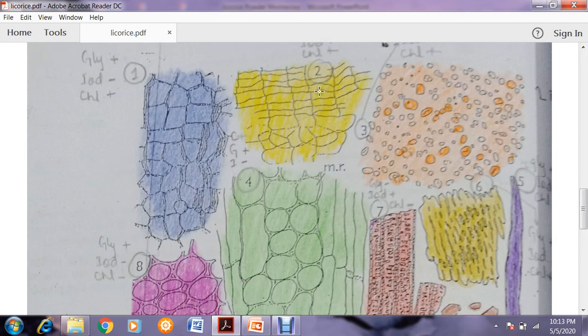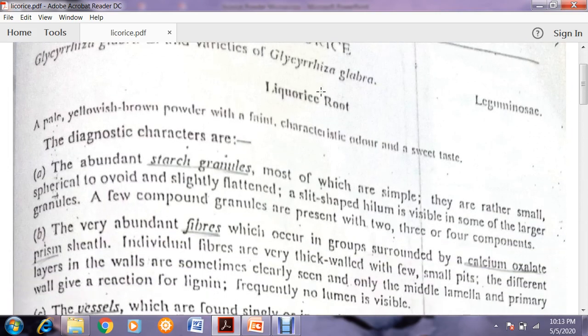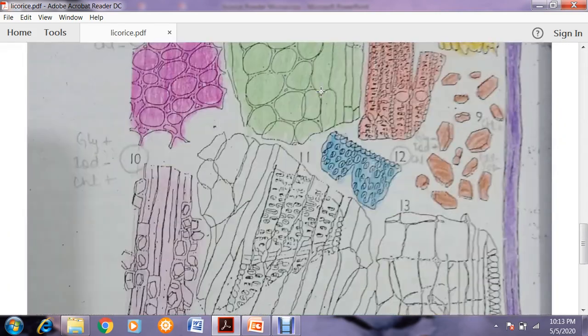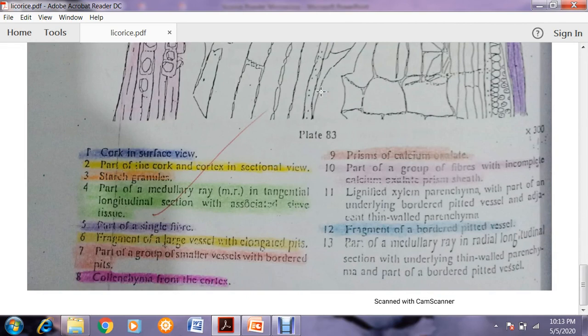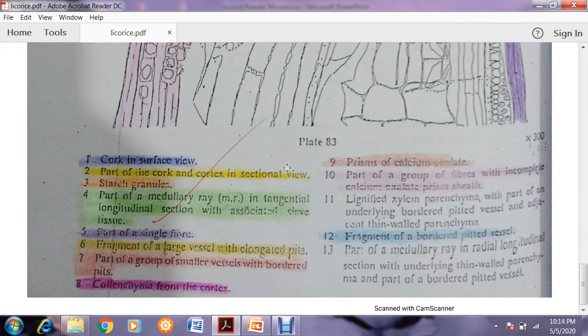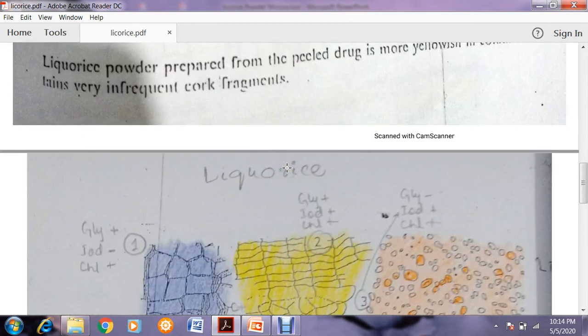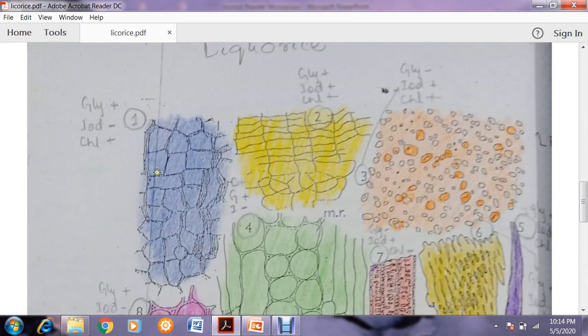Now the number 2, what is this? This is part of cork and cortex in sectional view. This is the surface view of cork and this is the sectional view of cork, rectangular in shape, and below the cork is present the cortex cells.